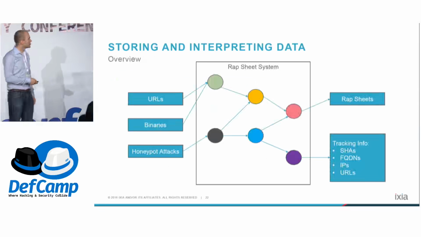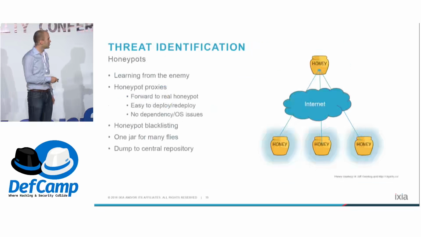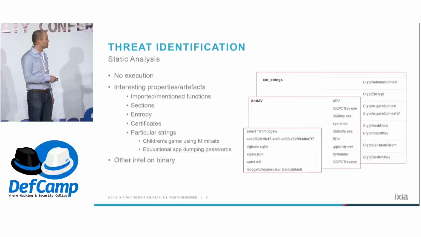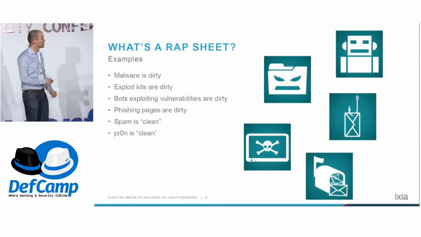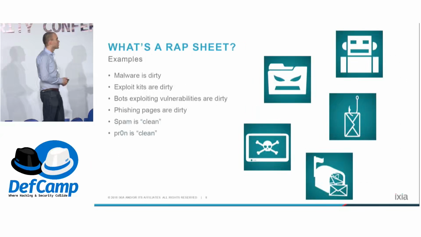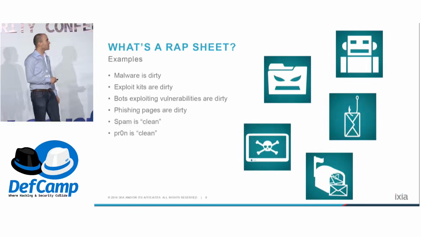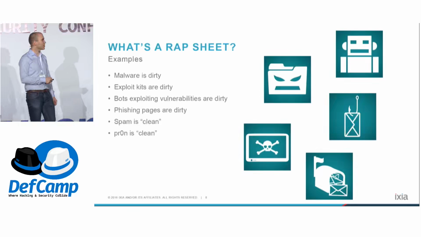Let me just get to the slide on that. So this is what we consider malicious. If they're serving malware, then they're malicious. If a honeypot of ours received an exploit from them, then those IPs are malicious as well.